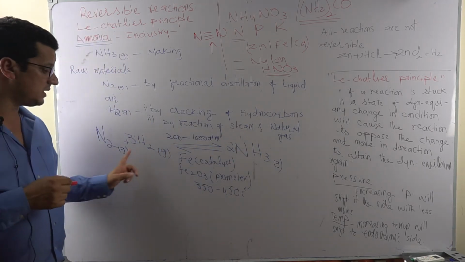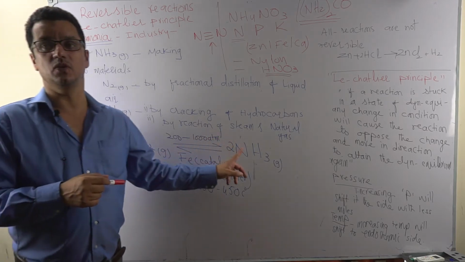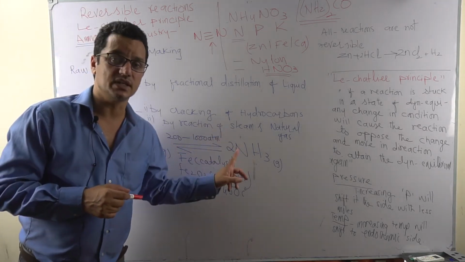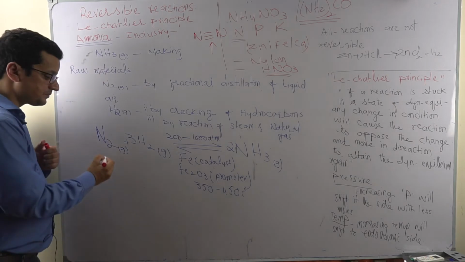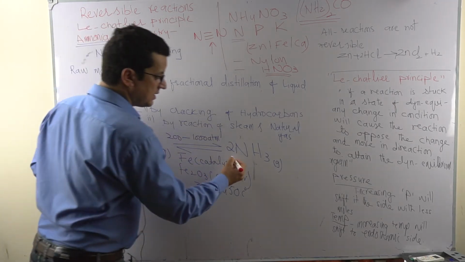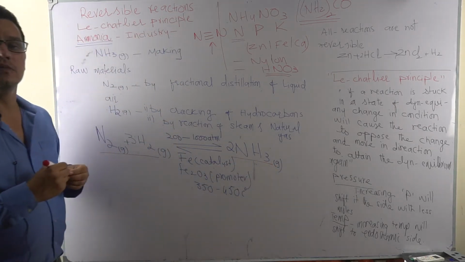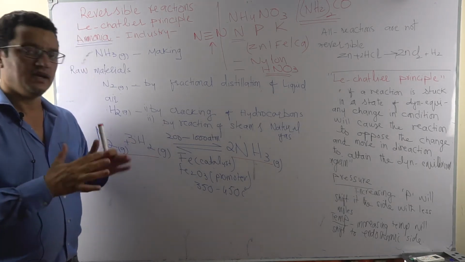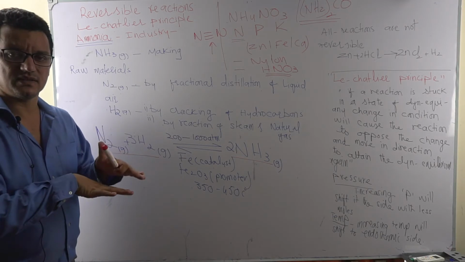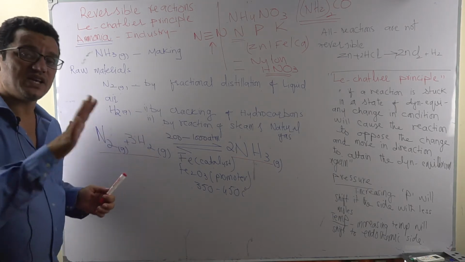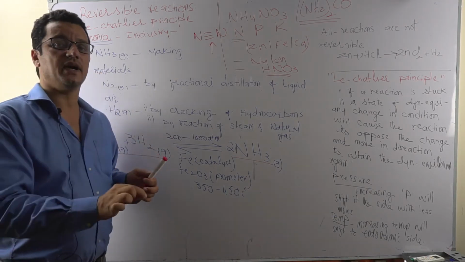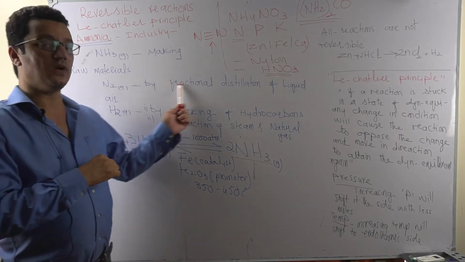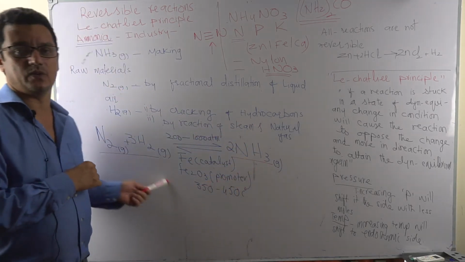So nitrogen and hydrogen both react and produce ammonia, but the reaction is reversible. You can notice that since these are gases, in order to improve the rate of reaction in terms of kinetic particle theory, gases have to be pressed so the particles come closer, and pressure will improve the rate of the forward reaction as well as the rate of the backward reaction.